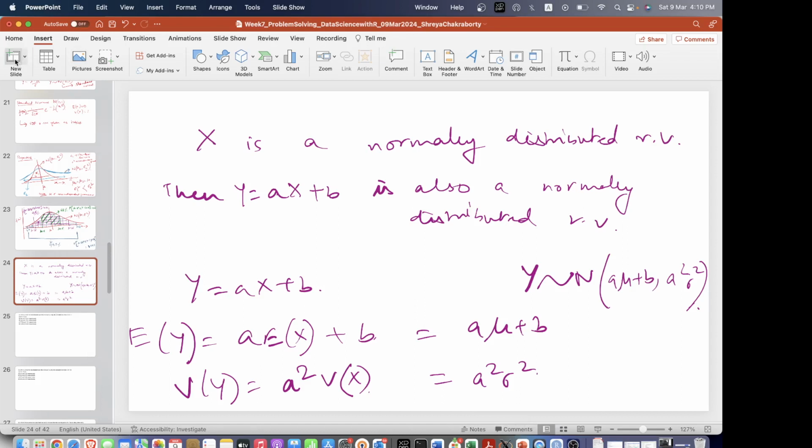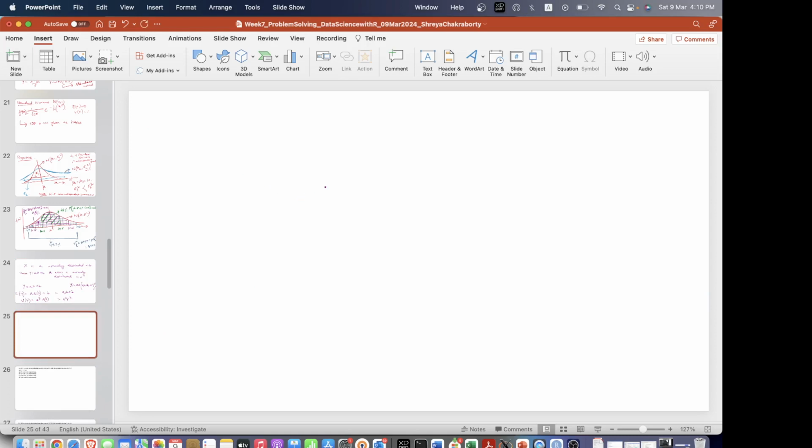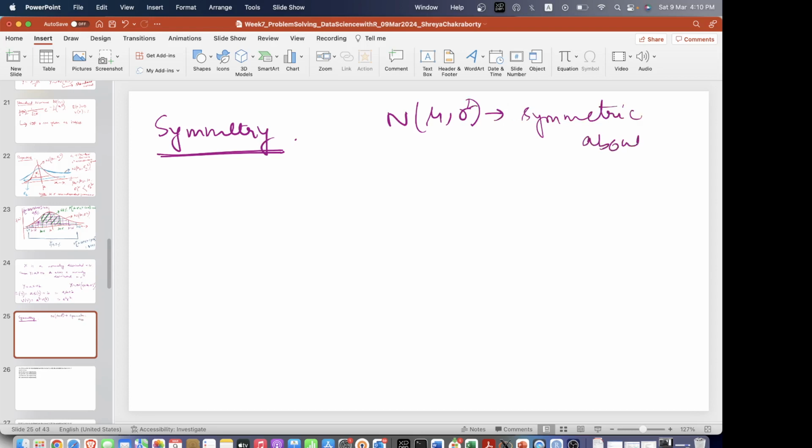Now, another important thing that we can exploit about the normal distribution is its symmetric nature. This is something which is very useful in solving the questions. So normal mu sigma square is symmetric about mean mu.